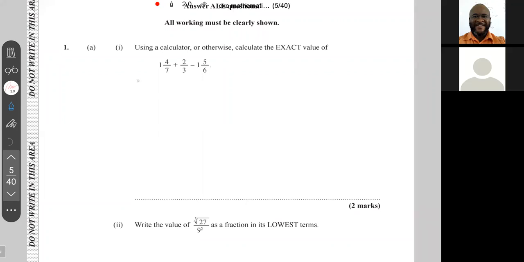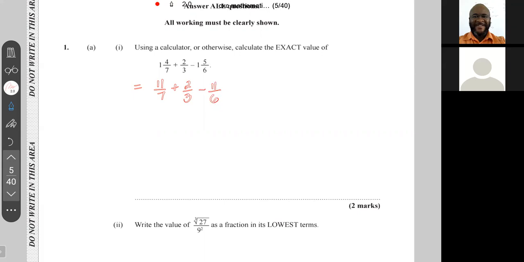Well, the first thing I would do here is convert all mixed numbers to improper fractions. So if I do that, 1 and 4 over 7 is 11 over 7, plus 2 over 3, minus 1 and 5 over 6, which is 11 over 6.